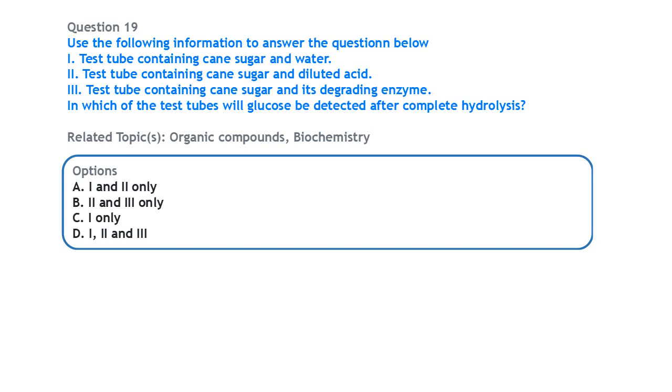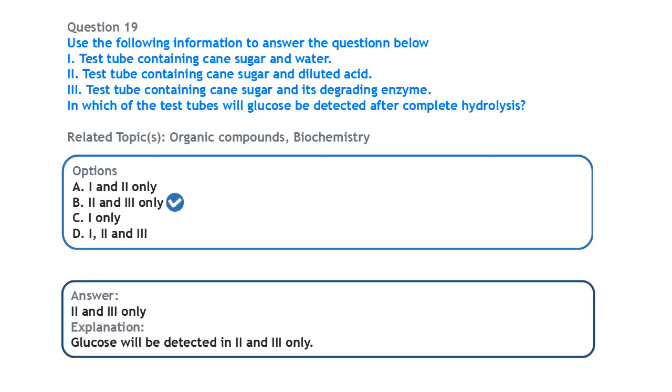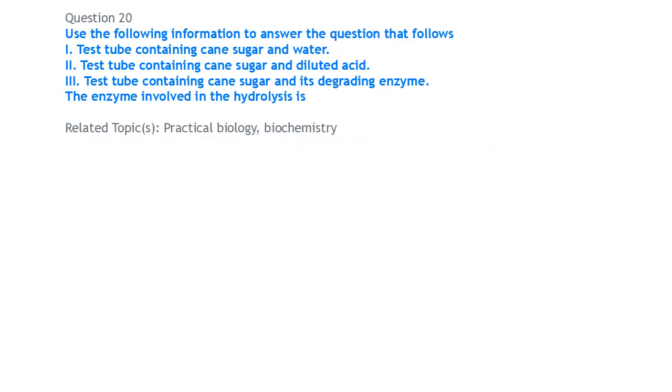The question is, in which test tube will glucose be detected after complete hydrolysis? This will be in test tube II and test tube III. After complete hydrolysis, glucose will be deposited in those two test tubes, the one containing cane sugar and diluted acid, and the one containing the sugar and its degrading enzyme.